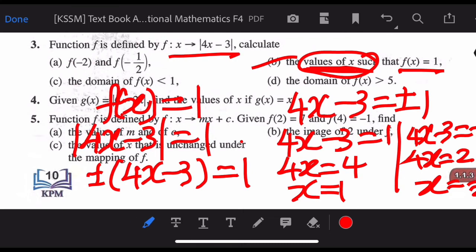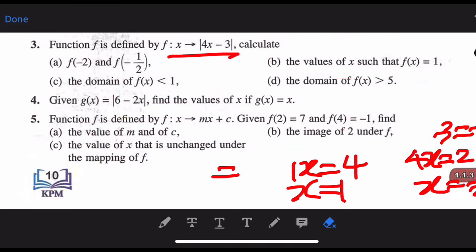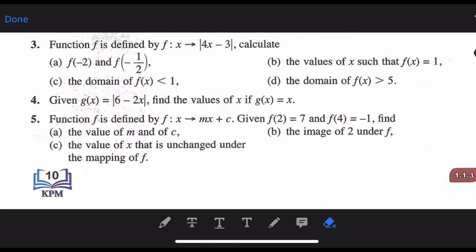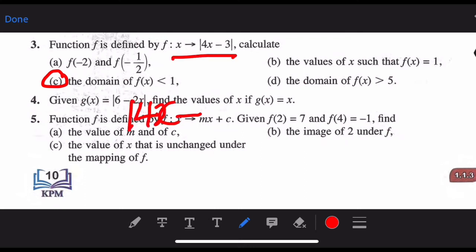For the next one, number 3, the domain of f(x) less than 1. You would take the modulus of 4x minus 3 less than 1, and to solve this you will have to open up the modulus.